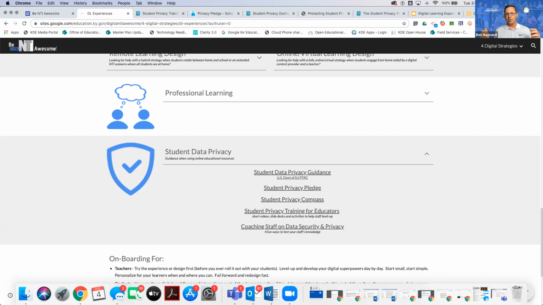So that's another one of those PLN type pieces where it was vetted on the back end, they had a process, and it cures some of the learning curve. I can go to somebody in the building, or in the district, to learn how to use this moving forward, while at the same time protecting student data privacy as well.